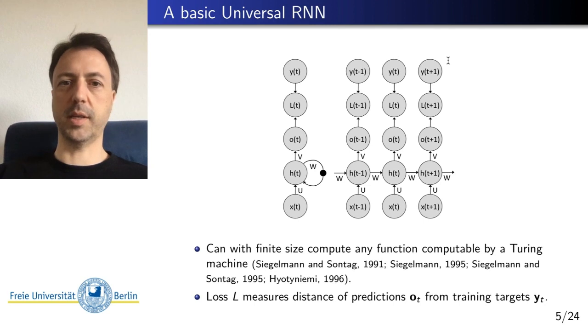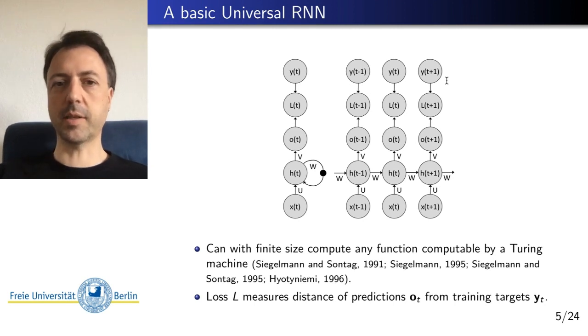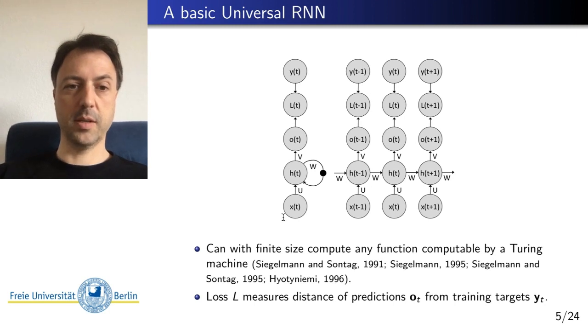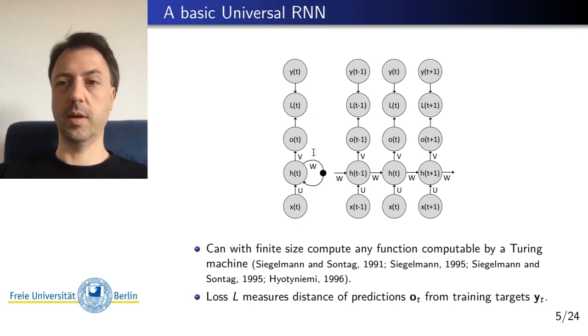So y is basically meant to be some sort of reference output that we expect, so labels that we train the neural network to reproduce, and L is representing the loss function, which measures the distance between the y and the O series. So the most important part of the recurrent neural network is this x, h, and o, and the respective functions which compute them.